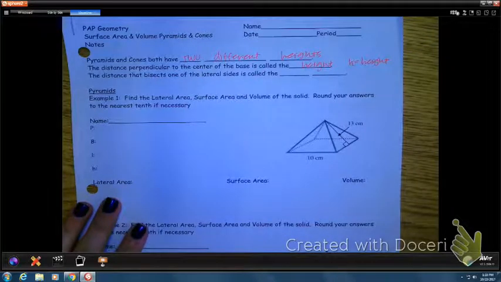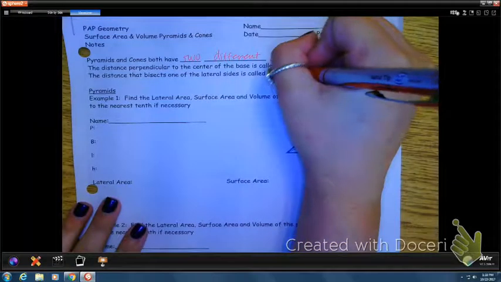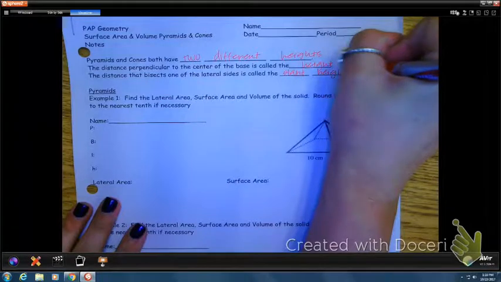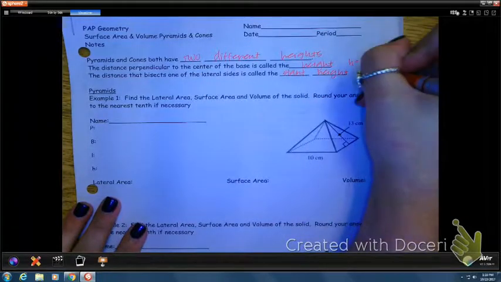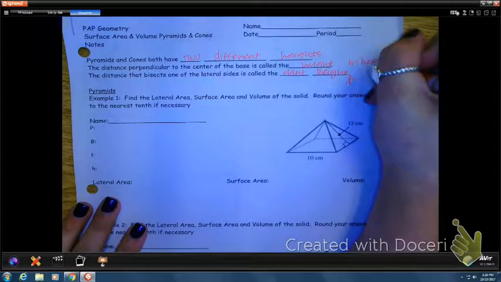The distance that bisects one of the lateral sides is called the slant height. And we talked about the slant height briefly last class. And remember that the slant height is the cursive L that is in your formula.